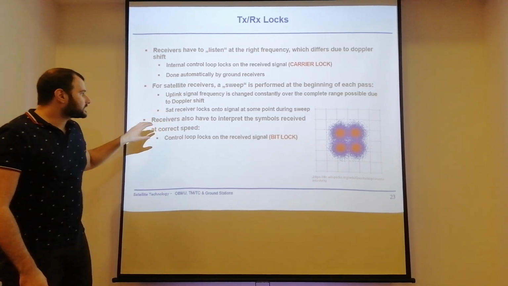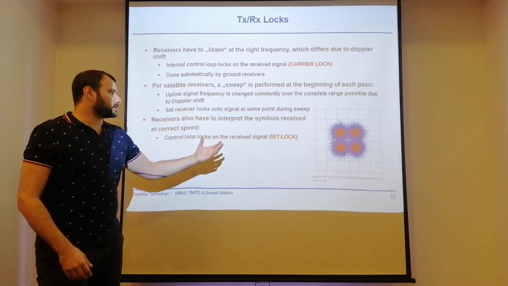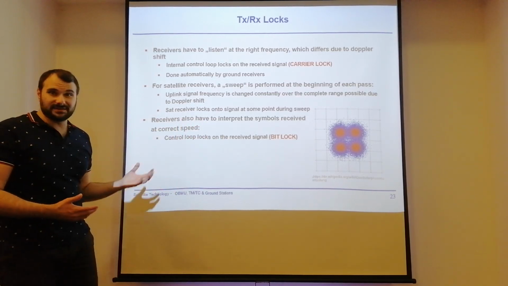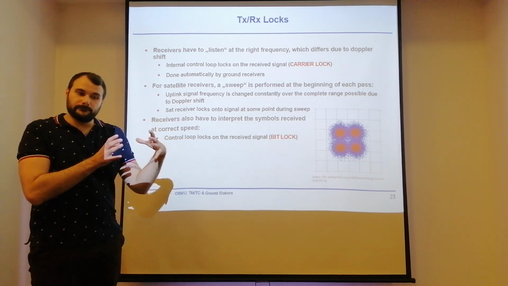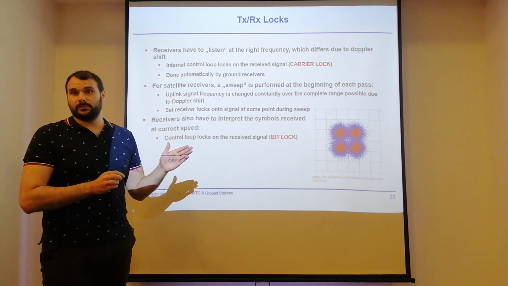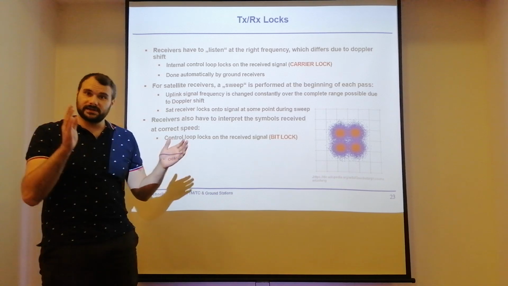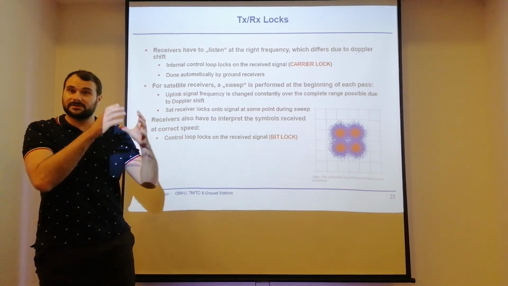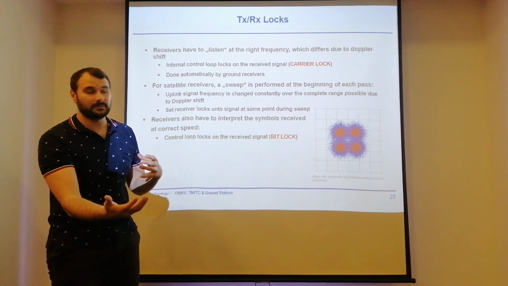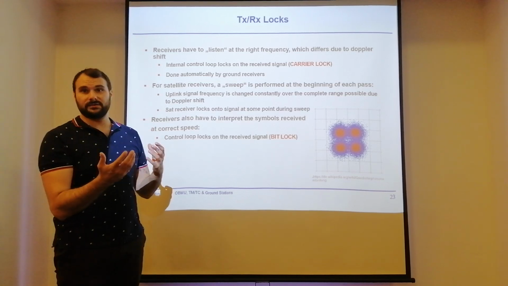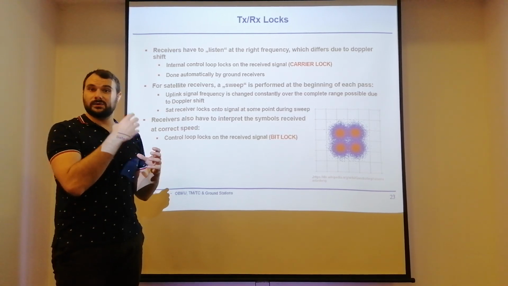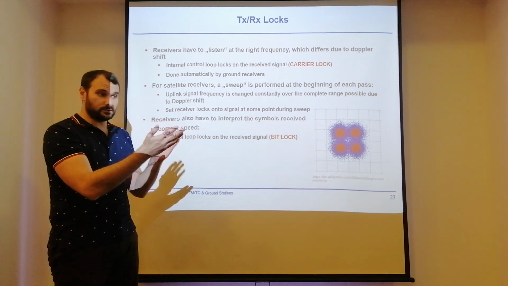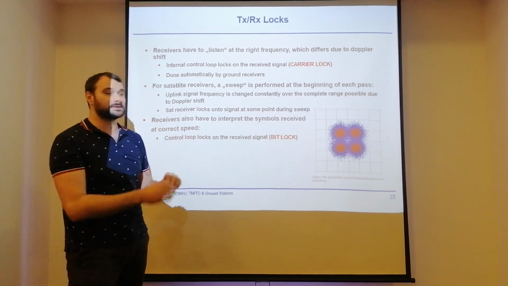But the receivers, they also have to interpret the symbols they receive at the correct speed. So this is now the lock onto the data rate, or the symbol rate. So as we said, our signal is not just a frequency, it's also our modulated data. So if you want to get the modulated data, we need to know what is our data rate. So how often do we have the frequency shift, for instance?